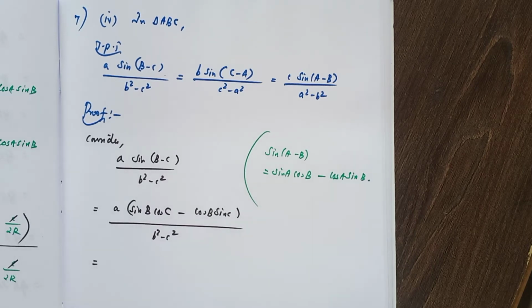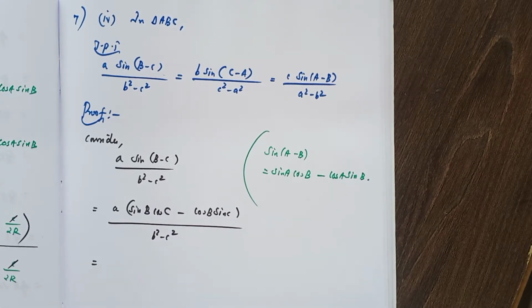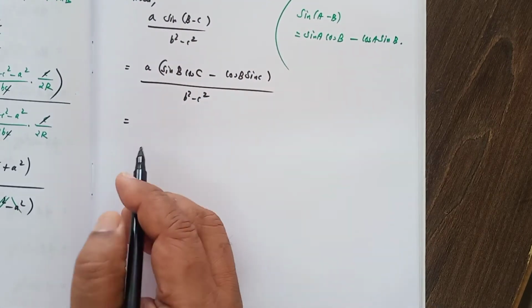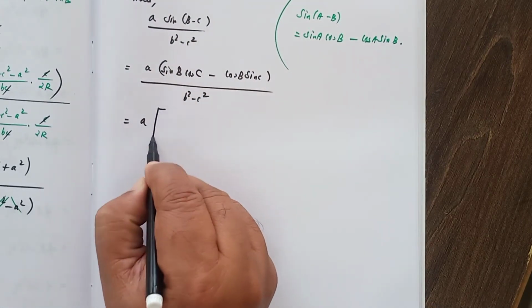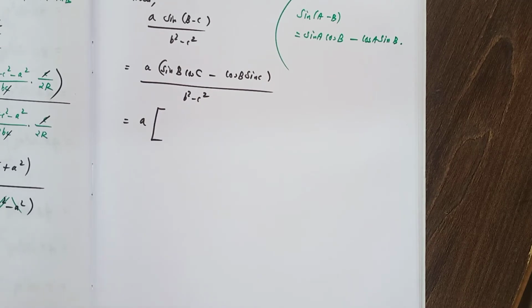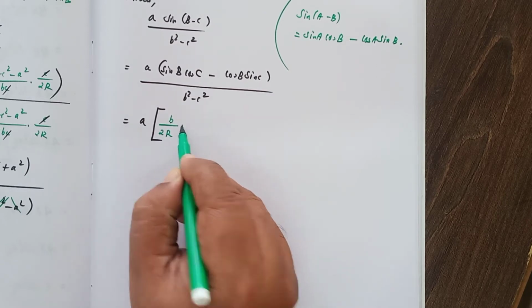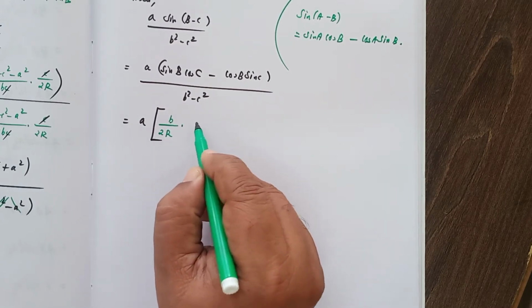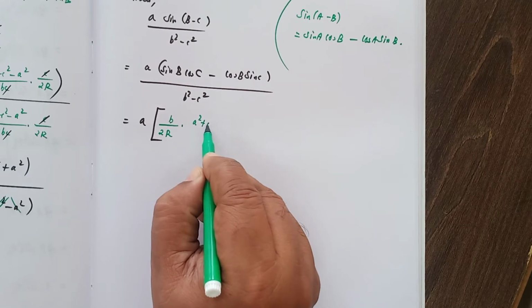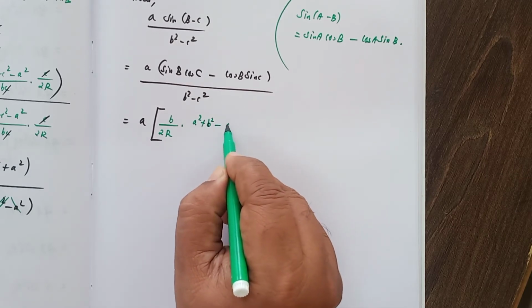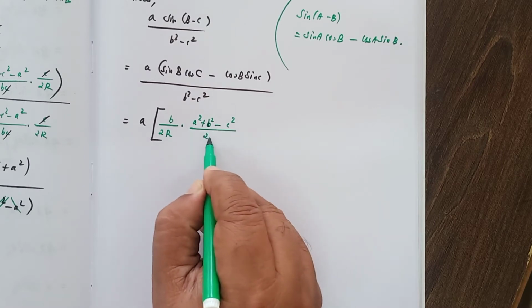That is equal to, so a write as it is, into sin B can be replaced by the formula b divided by 2r, cos C by the formula a squared plus b squared minus c squared divided by 2ab.